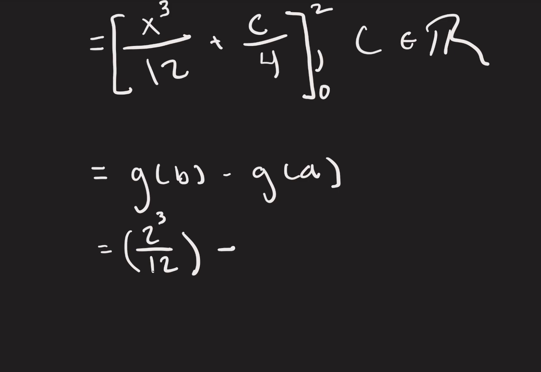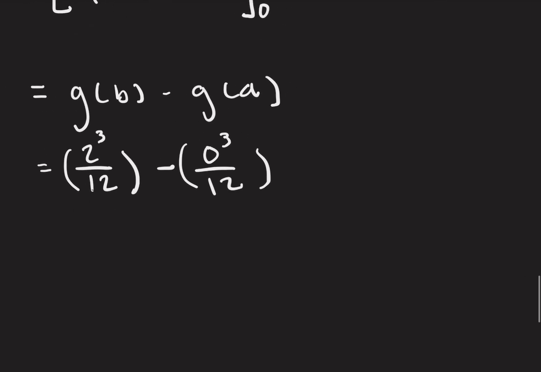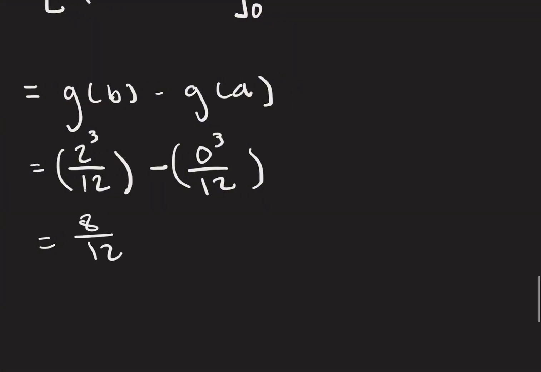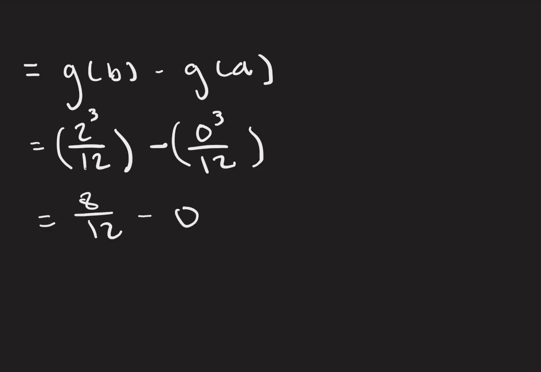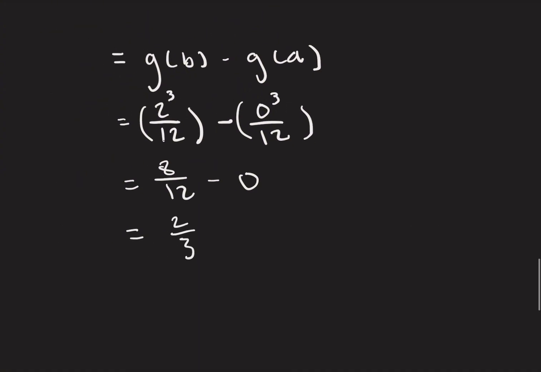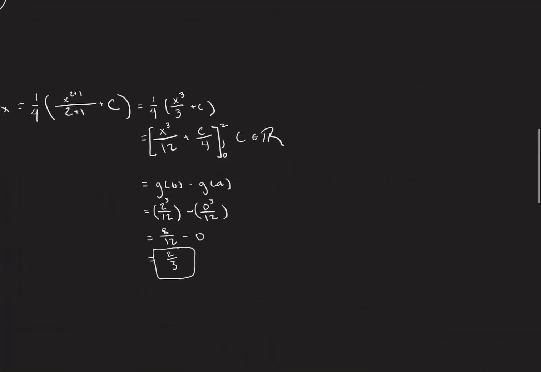Subtract 0 to the power of 3 divided by 12, right? This will equal 8 divided by 12, subtract 0, which in turn is just 2 divided by 3. So that's the area of this function right here.